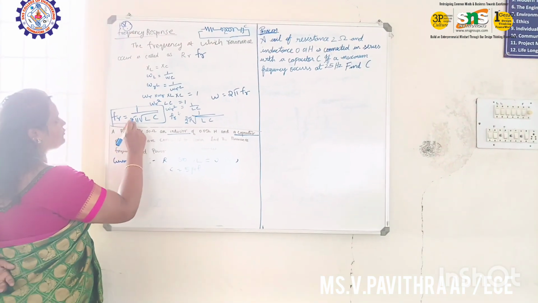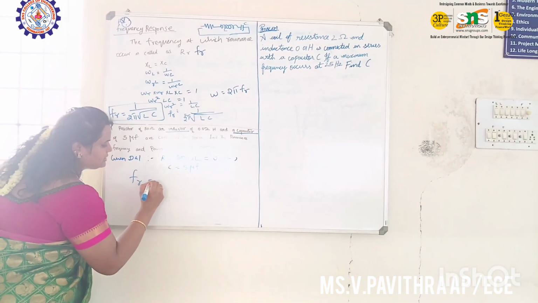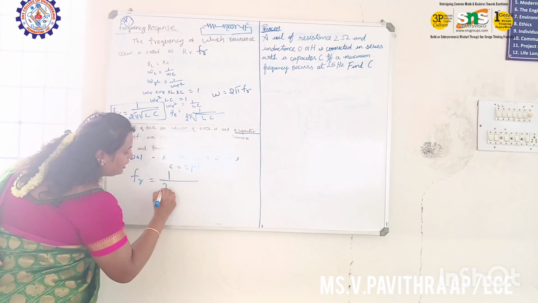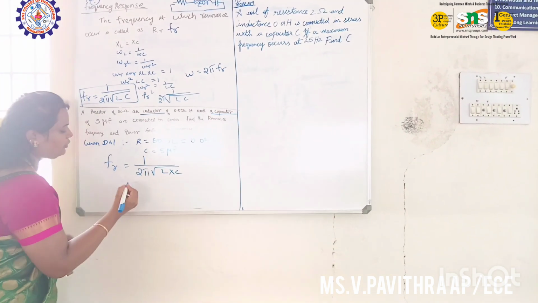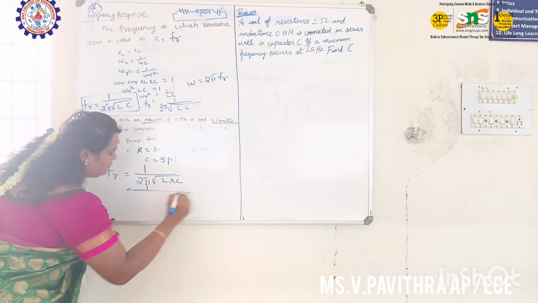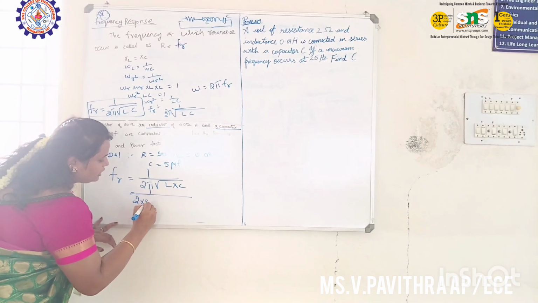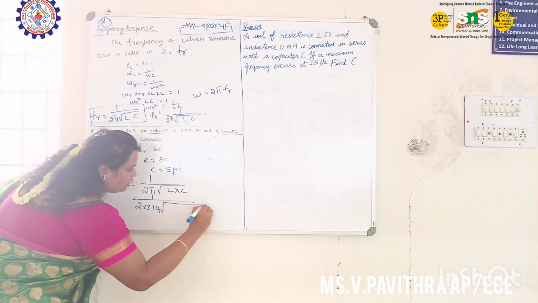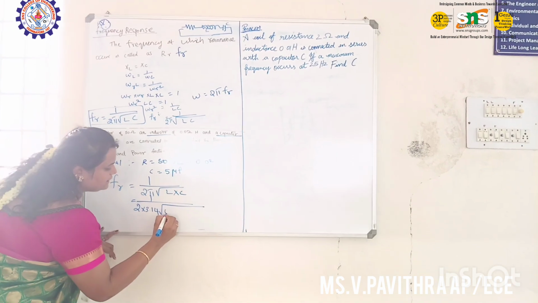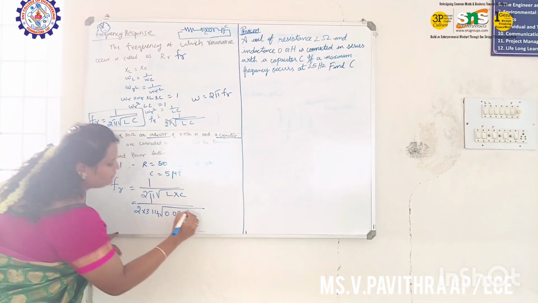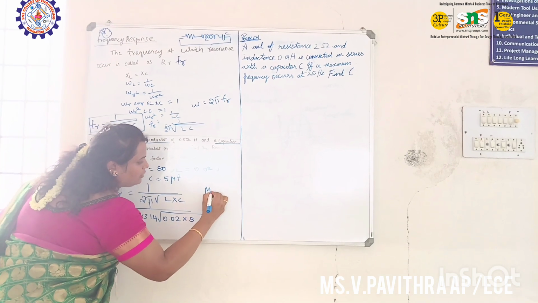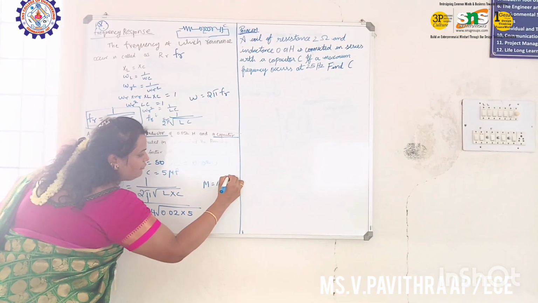So what is the formula for the resonance frequency? FR is equal to 1 divided by 2 pi root LC. Okay, so we are going to substitute the values: 1 divided by 2 into 3.14 root of L, which is 0.02, and the capacitance, which is 5. We know that micro is nothing but 10 to the power of minus 6.